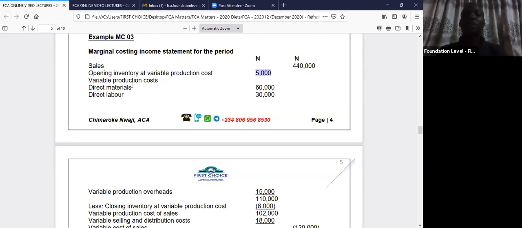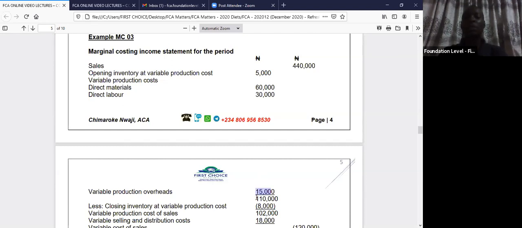Now, your variable production cost is as follows. We have your direct material, 60,000, your direct labor, 30,000, and your variable production overhead. When you add all these together, you have 110,000, which includes the opening stock.